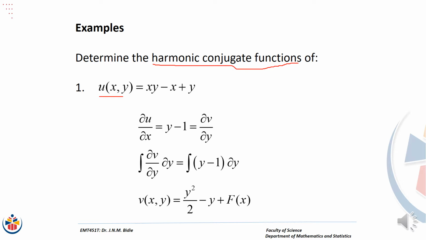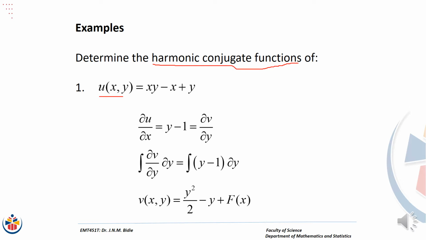Note that we had said conjugate harmonic functions will only become conjugate harmonic functions if the mother function f of z is analytic and satisfies the Cauchy-Riemann equations. So that means both u and v must satisfy the Cauchy-Riemann equations.